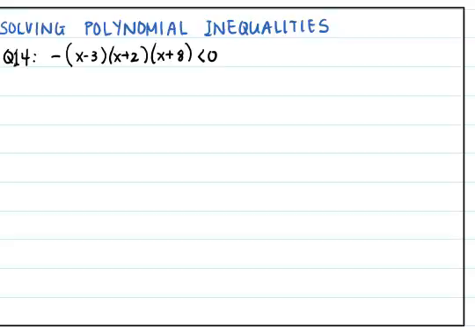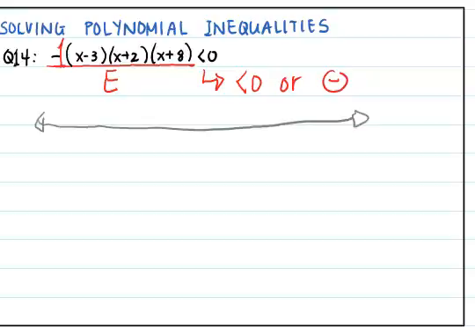I'm now going to solve another question, question 14 in MyOpenMath homework. Our expression is the factored polynomial on the left. It has actually 4 terms, 4 factors. One of them is negative 1. And the interpretation of less than 0 means negative. So again, I'm going to do the number line.